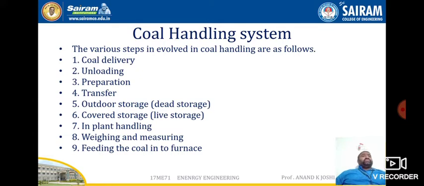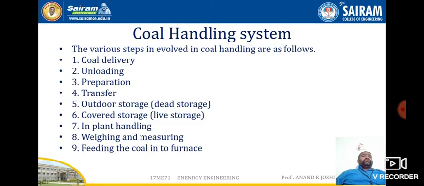Next is preparation. When the coal is received at the site in the form of big lumps, it is prepared to the proper size before feeding to the combustion chamber, using equipment such as breakers, crushers, sizers, dryers, and magnetic separators. The coal is taken into a fine powder or some required size. After this preparation comes the transfer.